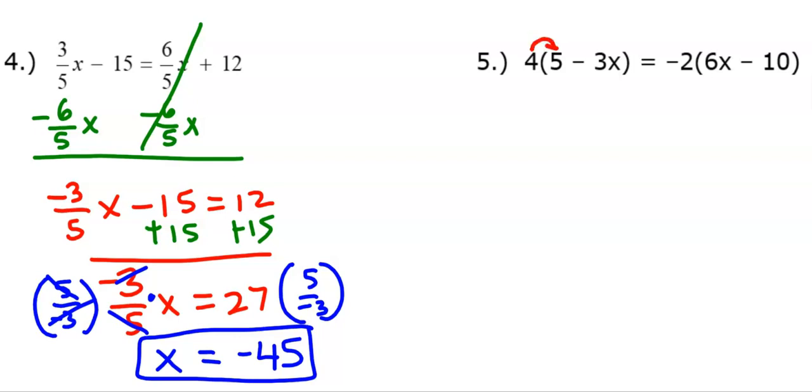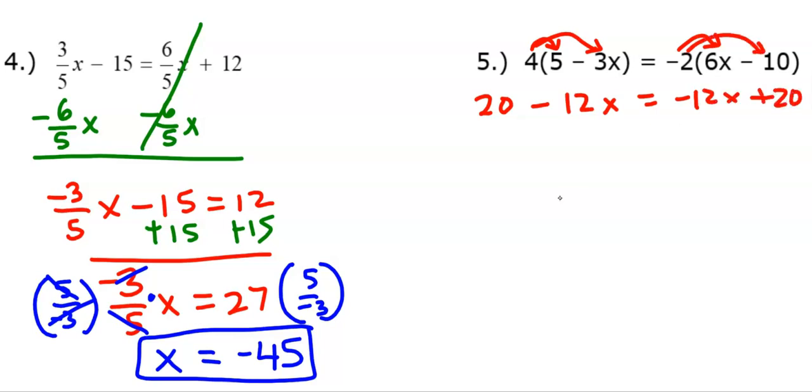Number 5, I'm going to distribute here and here, giving me 20 minus 12x, and then over here, minus 12x and plus 20. And this time, we do have an exact match.